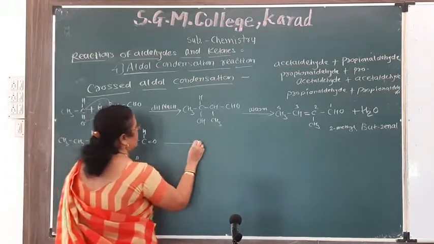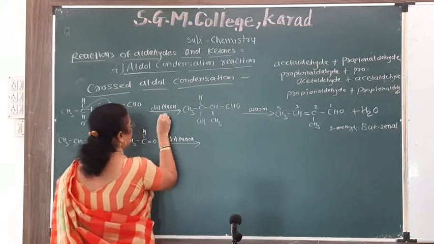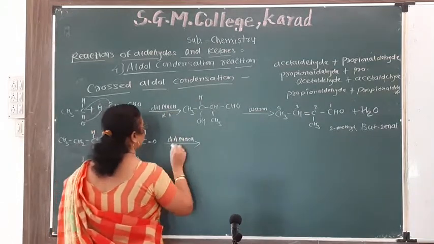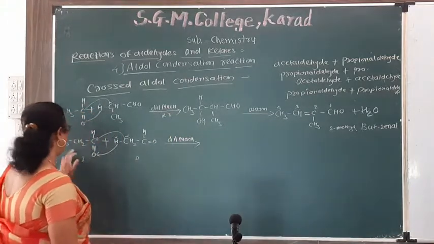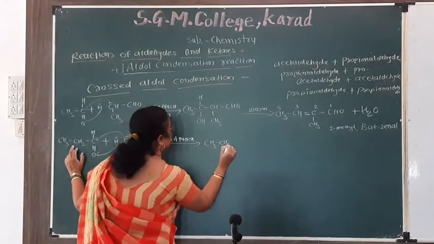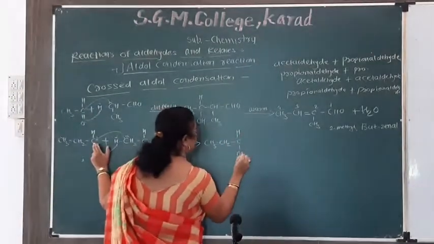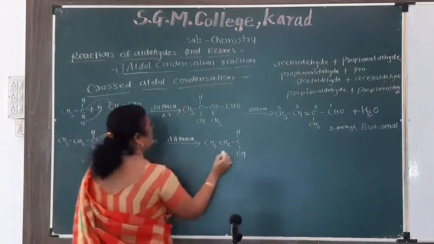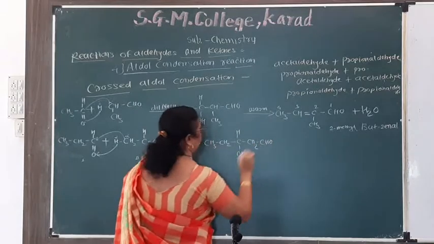This reaction takes place in presence of dilute NaOH at room temperature. Then we get the product CH3CH2CH(OH)CH2CHO.